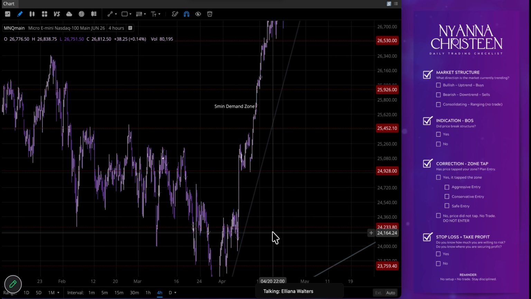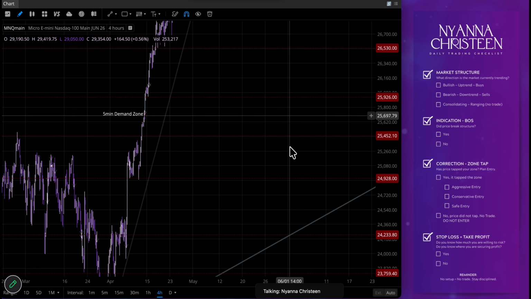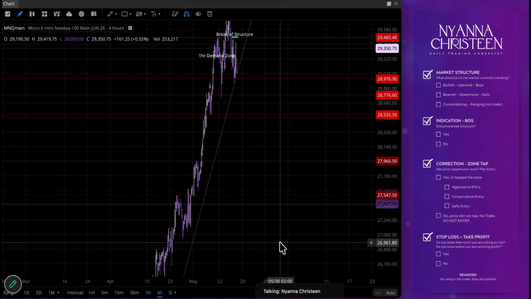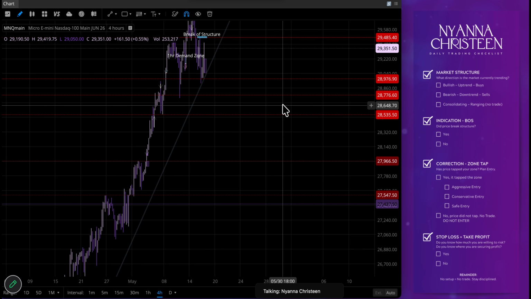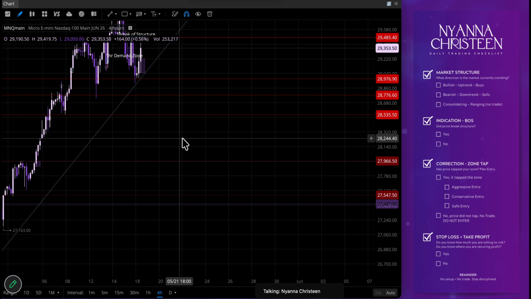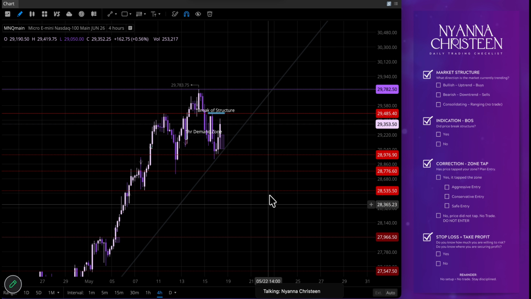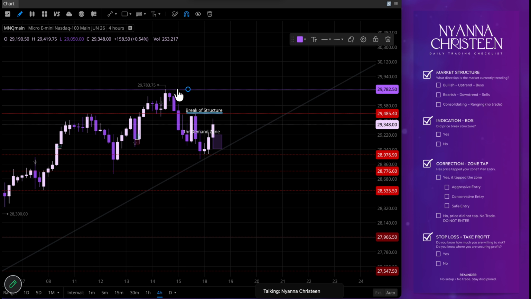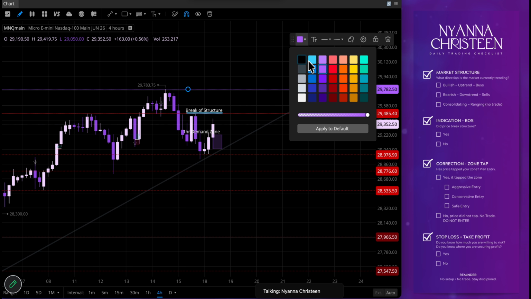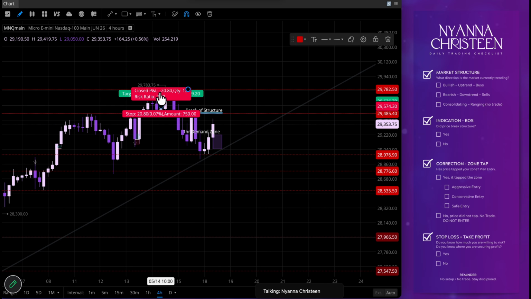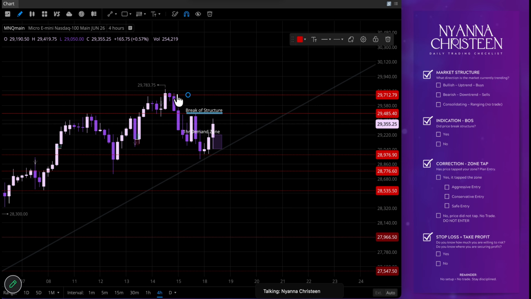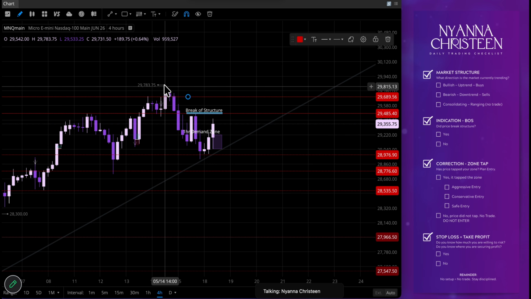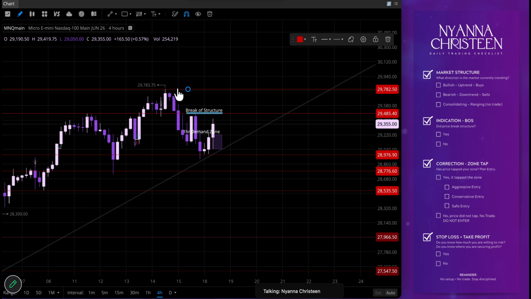I put these lines when I'm doing my top-down analysis, and I usually just clean them up. I don't necessarily move them, or I'll add them. Like this morning, I did move up this purple line, which I can now make a red line. I moved it because it was down here and price did break above. All I did was adjust it because this is my all-time high candle. Until price creates a new all-time high, then I'll add another one.